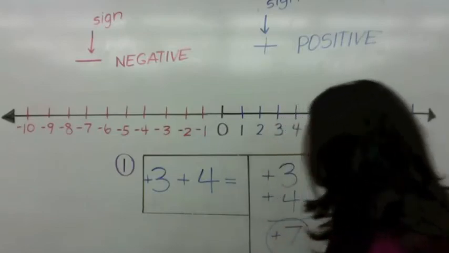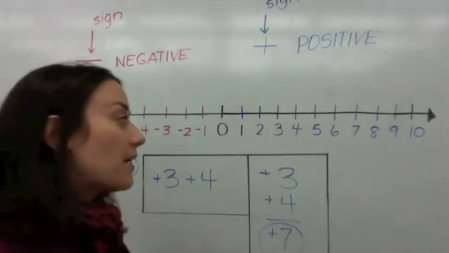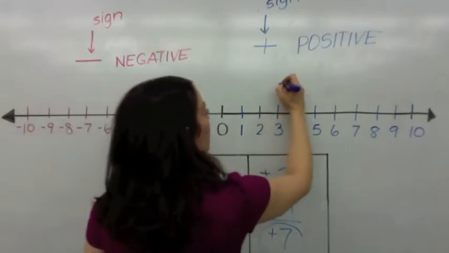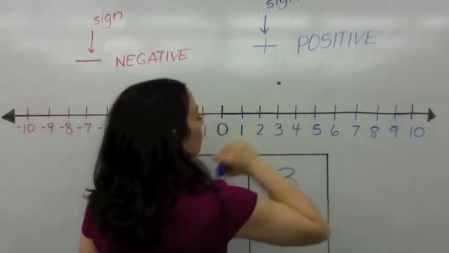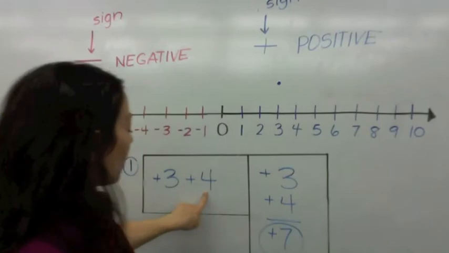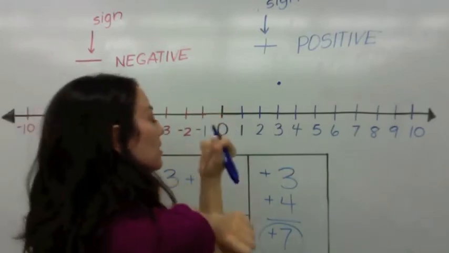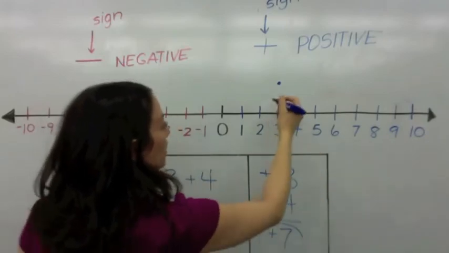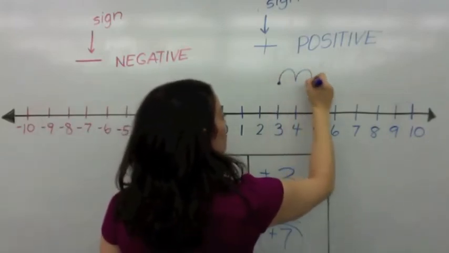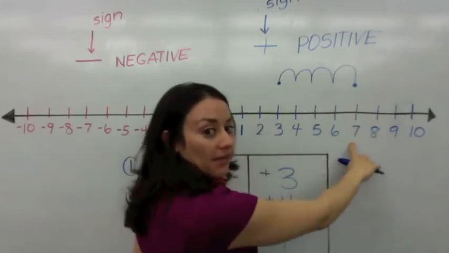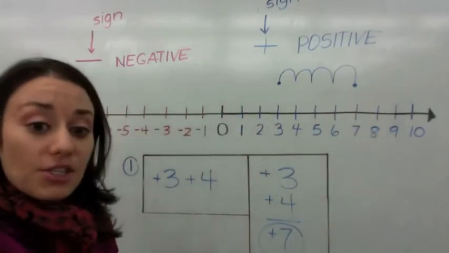Let's verify this answer on the number line. We start at positive 3, and then move positive 4. Remember, positive is to the right. So from 3, I'm going to move over 1, 2, 3, and 4. Do I end up at positive 7? Yes, so the answer is correct.